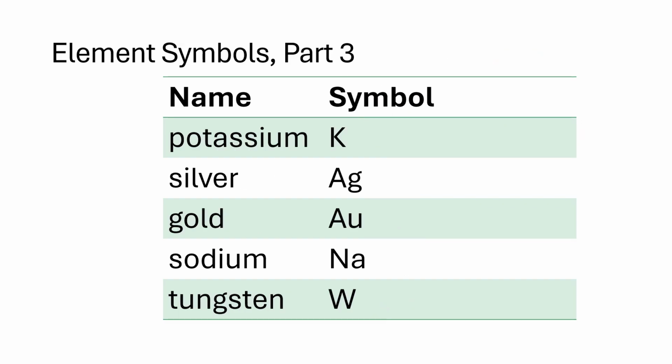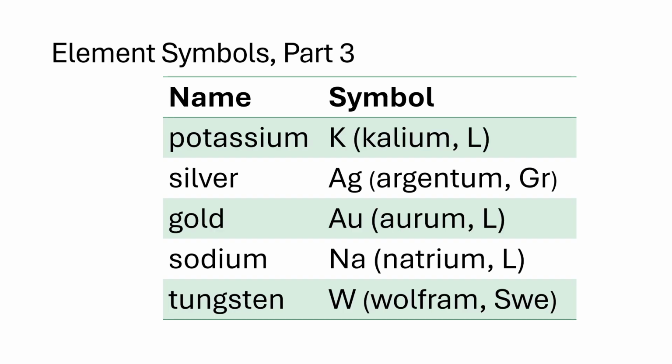But what's going on here? There's no K in potassium. There's no A or G in silver. There's no W in tungsten. Where are these symbols coming from? Well, the answer is a language other than English. Some of our elements have symbols that are derived from the words in other languages.